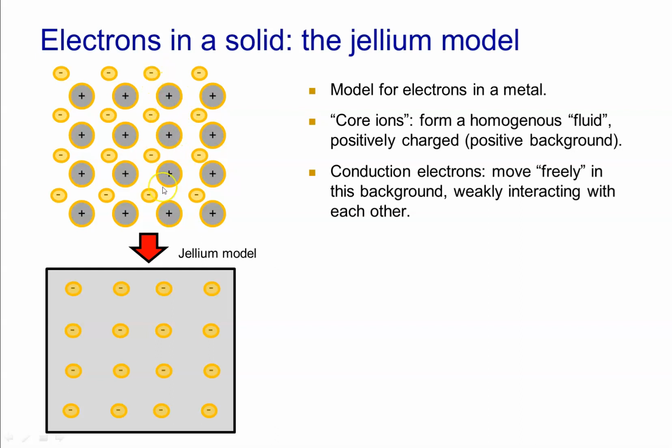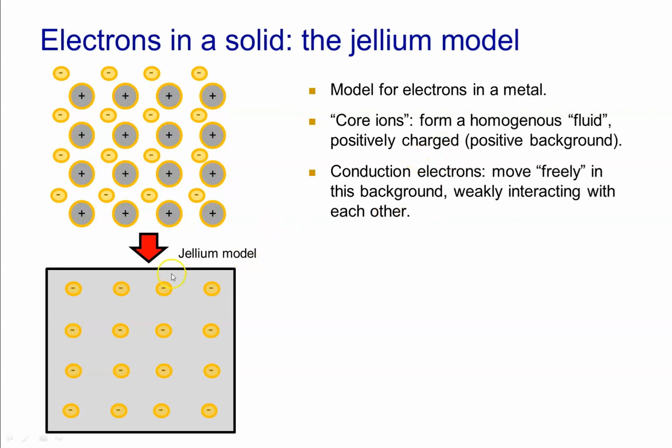But here, because of the presence of these other charges, this Coulomb repulsion between the electrons is very short range. In fact, we can safely assume in a model that the electrons are not interacting with each other. And later in the course, of course, we're going to look at how corrections due to electron interactions arise, and we're going to study that.